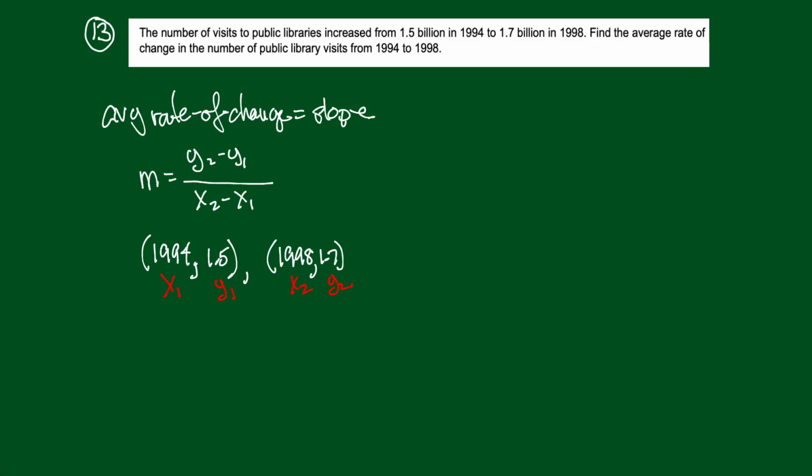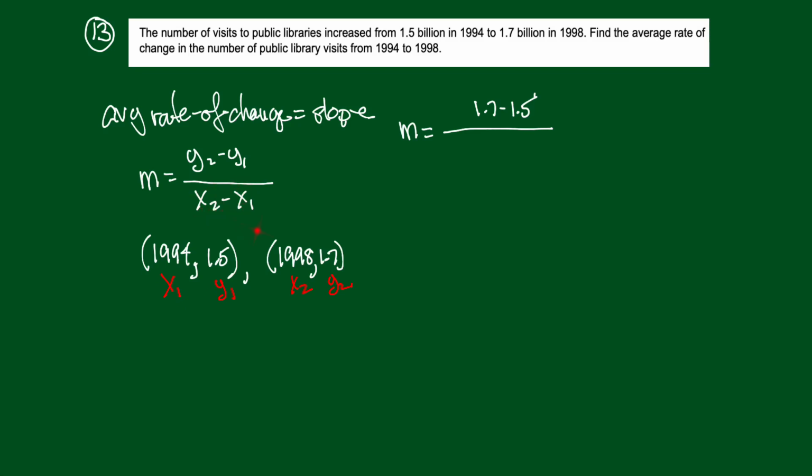Let's substitute. So we will get that the slope, the average rate of change, is, what do we have on the top? Second y minus first y. So second y is 1.7 minus the first y, 1.5. And in the denominator, the difference of the x's.